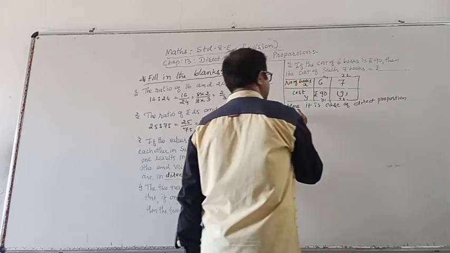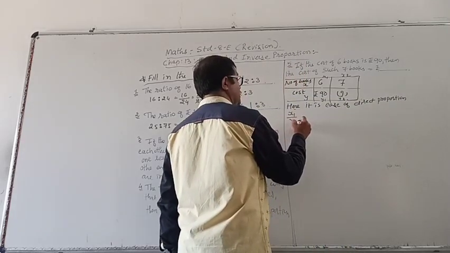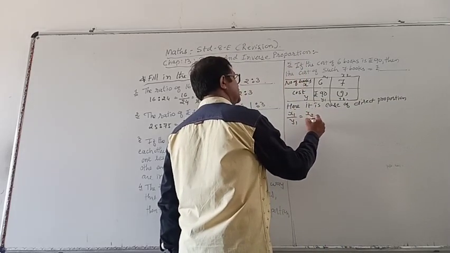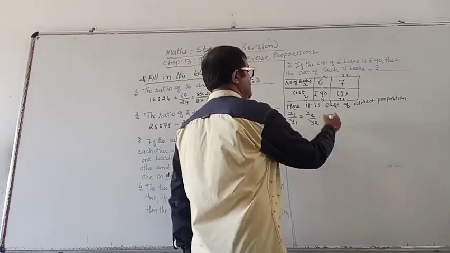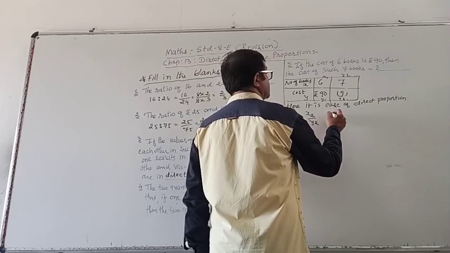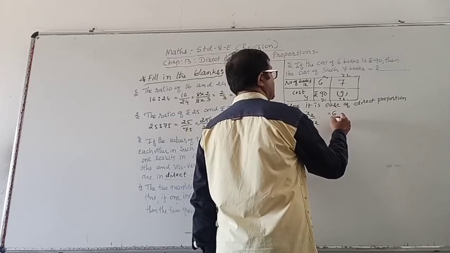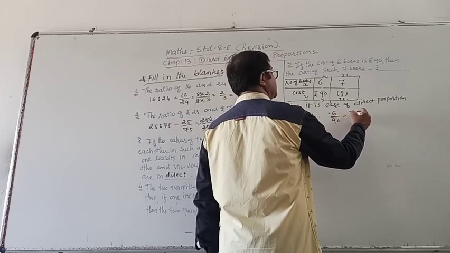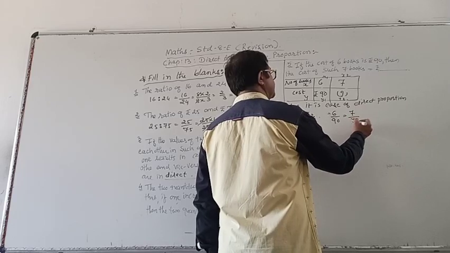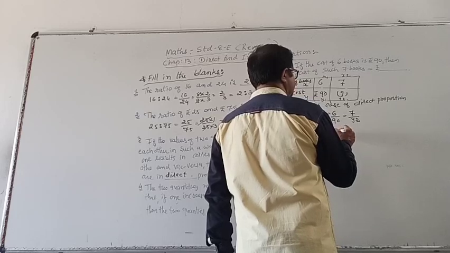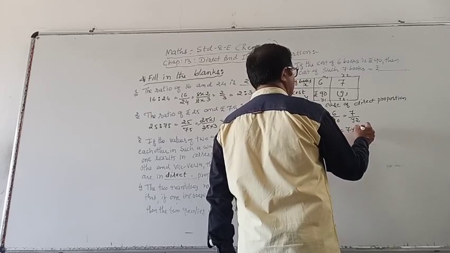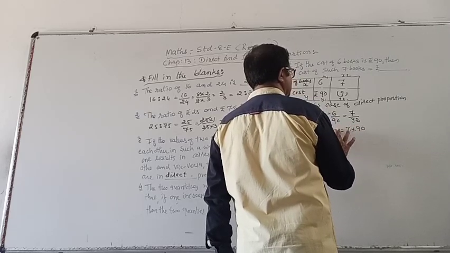So we can take x1 upon y1 is equal to x2 upon y2. So 6 upon 90 is equal to 7 upon y2. Here we have to do the cross multiplication. So 6y2 is equal to 7 multiplied by 90.